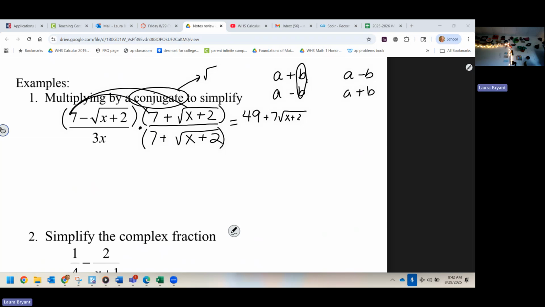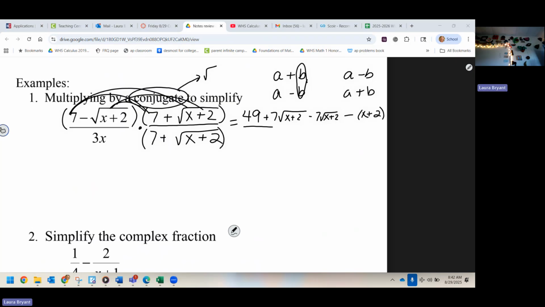And then when I go to distribute the next thing, the negative sign in there is going to be minus 7 radical x plus 2. Now if I do last times last, it's a negative times a positive, so it'll stay negative, but a square root of something times itself just cancels out the square root. So it's going to be minus x plus 2.